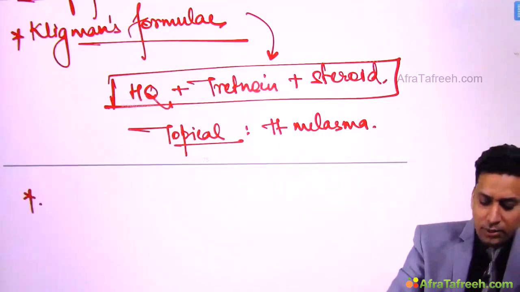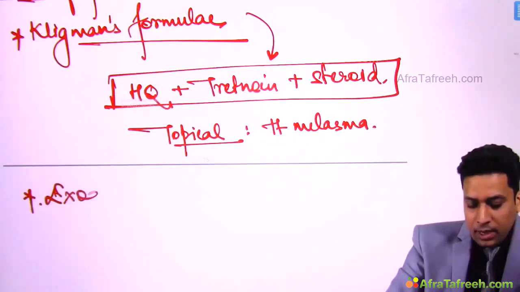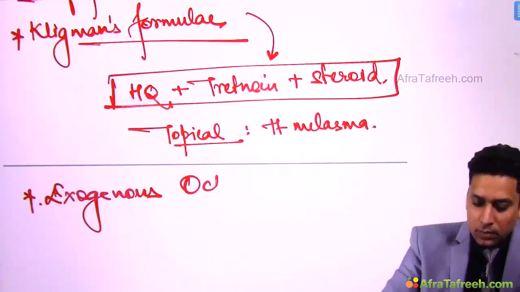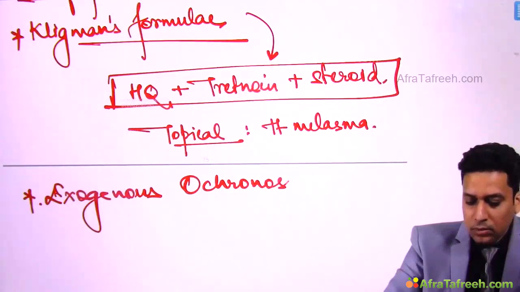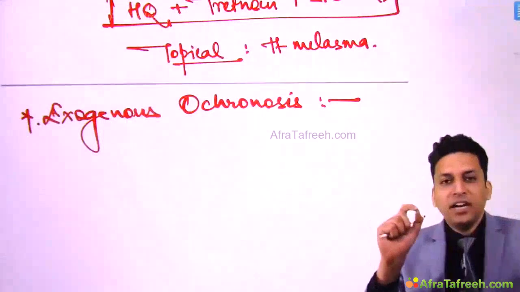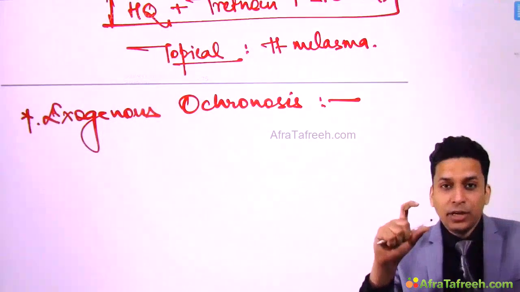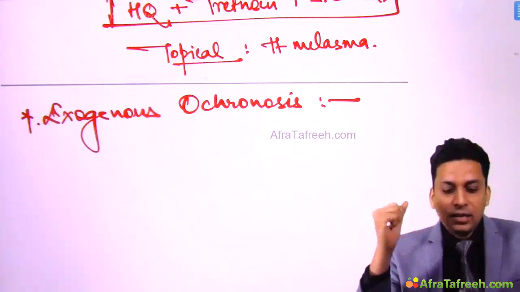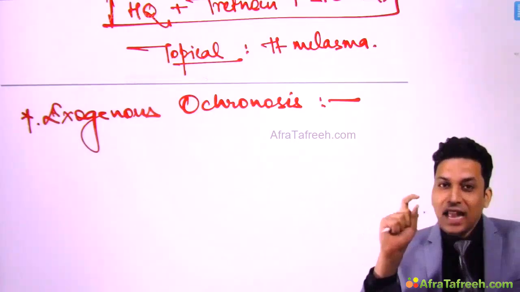Second important point, exogenous ochronosis. Now all of you might have read about ochronosis in alkaptonuria, isn't it? There the cartilage becomes dark in color due to deposition, and that is an endogenous cause.